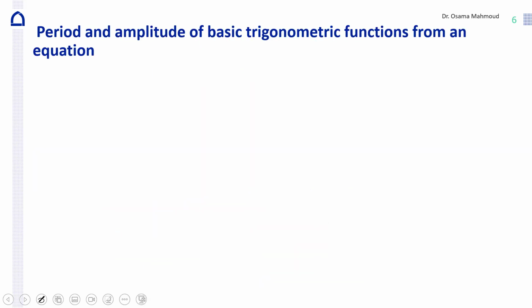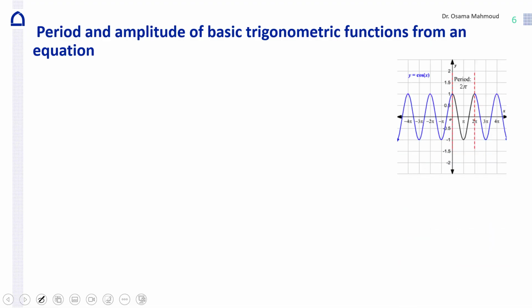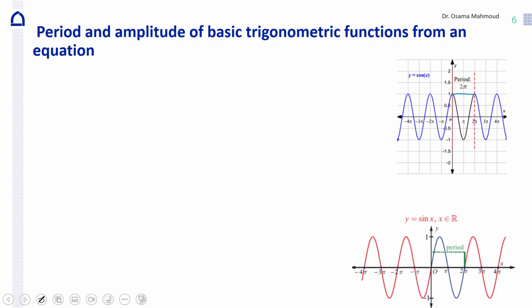Okay. Now, I have something called period and amplitude. If I look at cosine, cosine has this one repeated each 2 pi, right? Each 2 pi you have the same shape, right? Also, the sine function has the same period, right? So the period is where the shape is repeated.